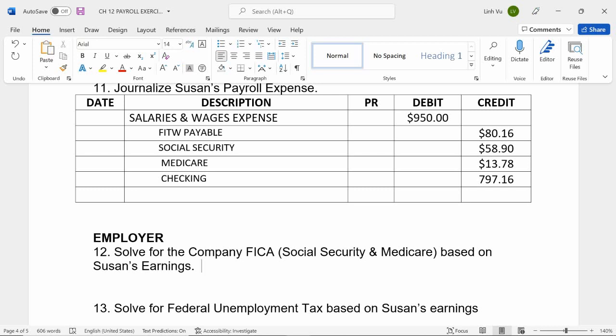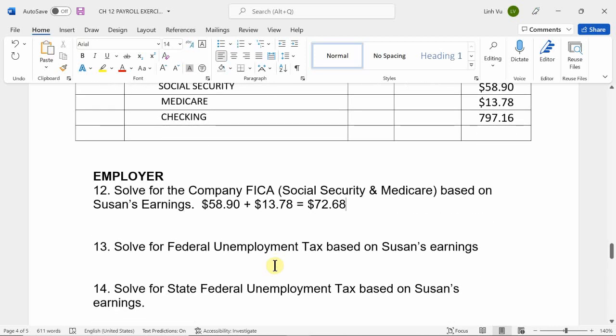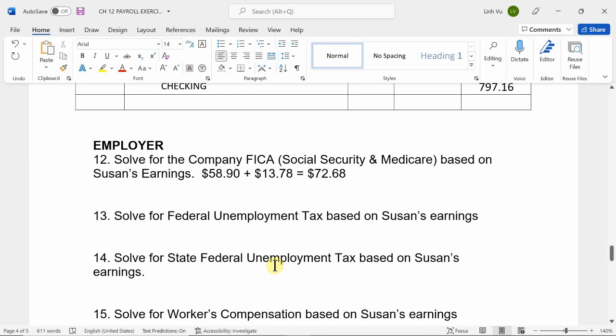What is the total of Social Security and Medicare? 58.90 plus 13.78 is 72.68. Okay. How much is the state unemployment?